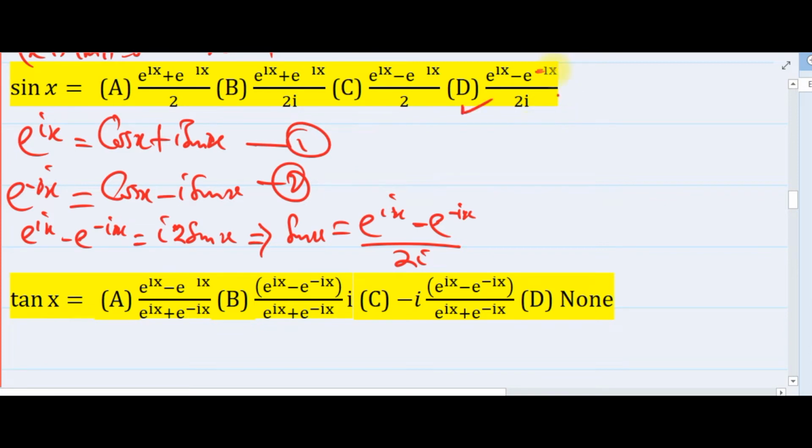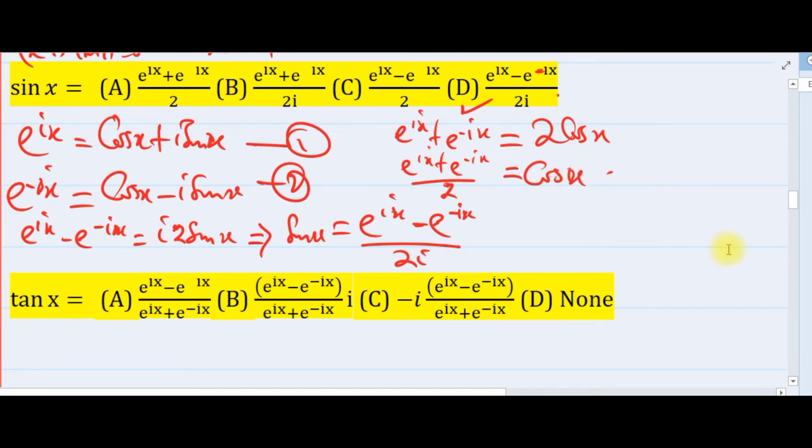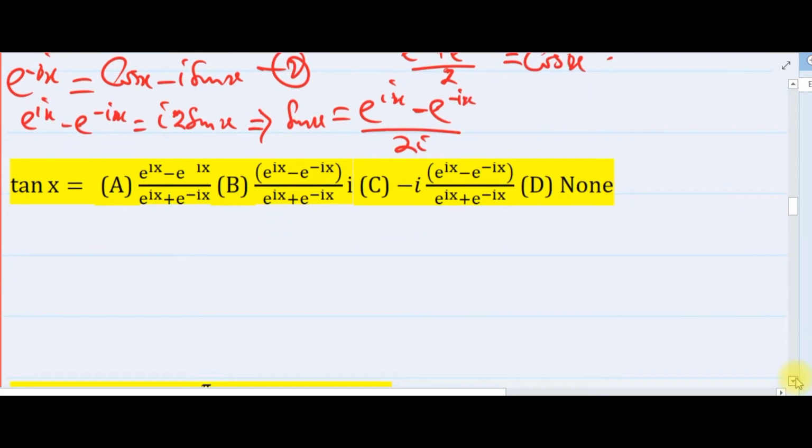It must be negative. Again, if you add equation 1, let's get something, because we're going to solve something like that using it in solving tan. If you add equation 1, we have e to the ix plus e to the minus ix, which must give us 2 cos x. So dividing both sides, e to the ix plus e to the minus ix over 2 is now cos x. So let's now solve this using that.